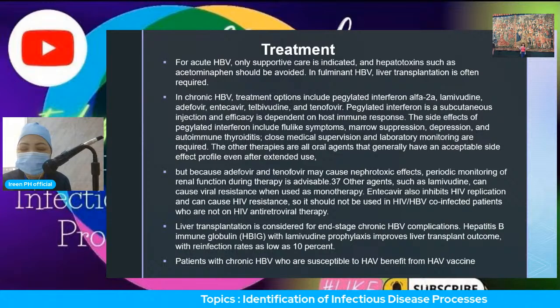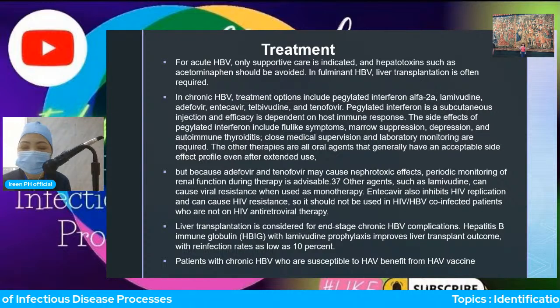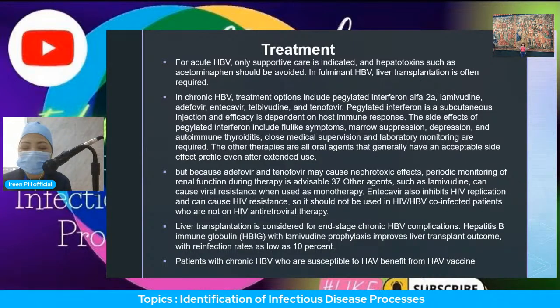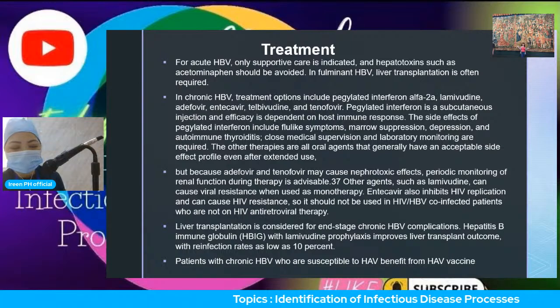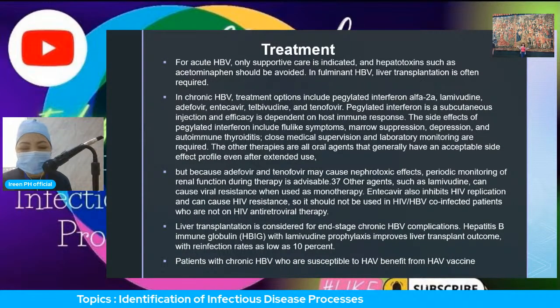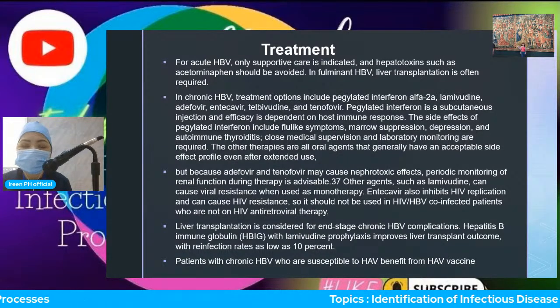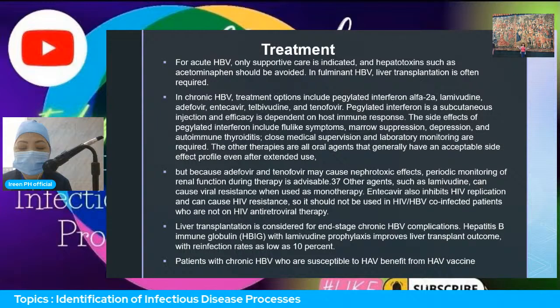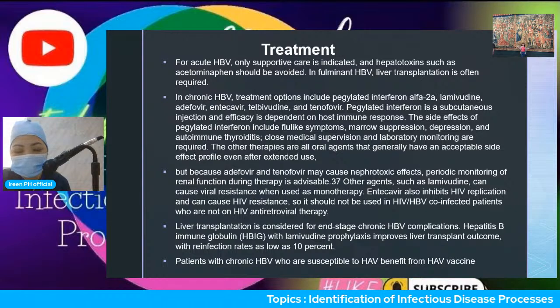Entecavir also inhibits HIV replication and can cause HIV resistance, so it should not be used in HIV and hepatitis co-infected patients who are not on HIV antiretroviral therapy. I say it slowly because some words need to be understood for this.